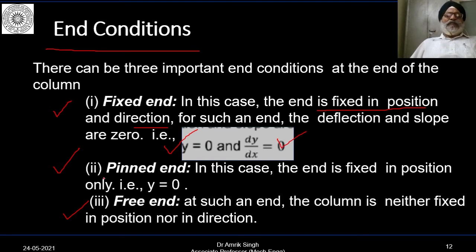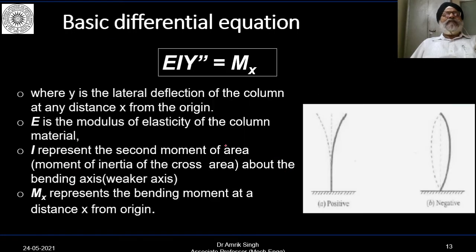In the case of the pinned or hinged end, the end is fixed in position, so in this case only y is 0. And in the free end, the column is neither fixed in position nor in direction, so neither y is 0 nor dy by dx is 0. So these are the different end conditions which we are going to use for analyzing the Euler theory.